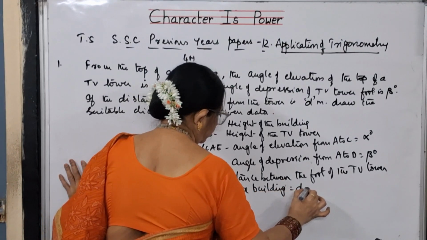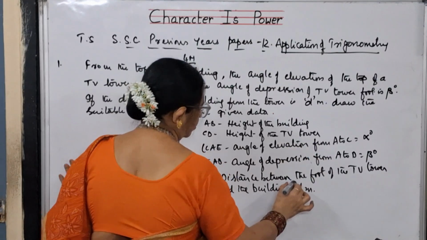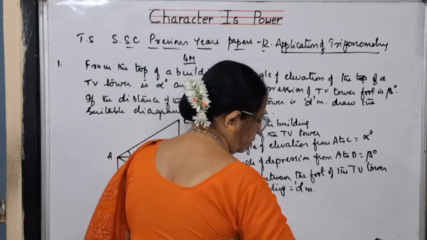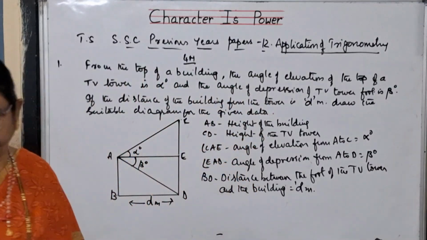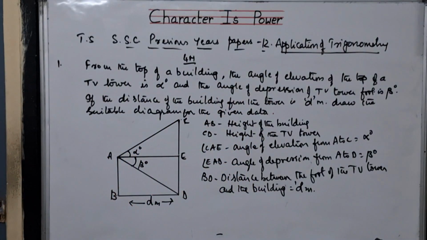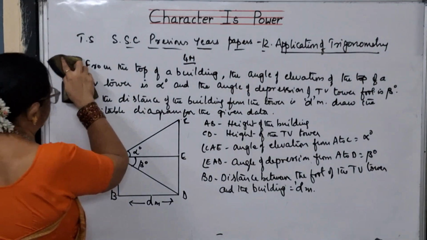This is equal to d meters. So this is the sum, children. Right now, it's 4 marks one. Next.